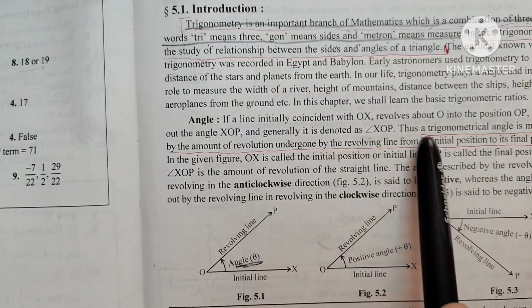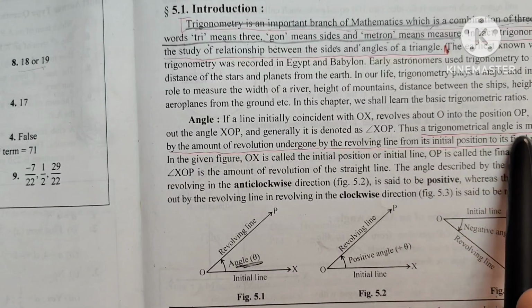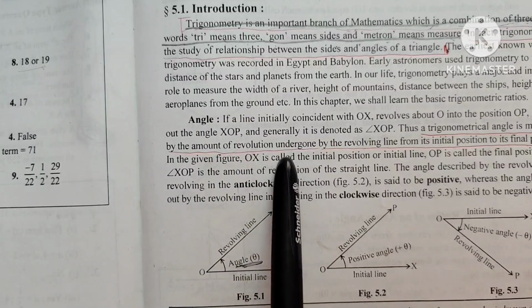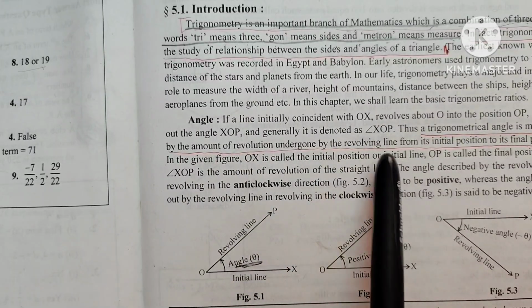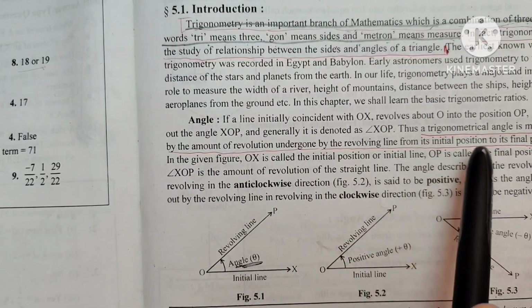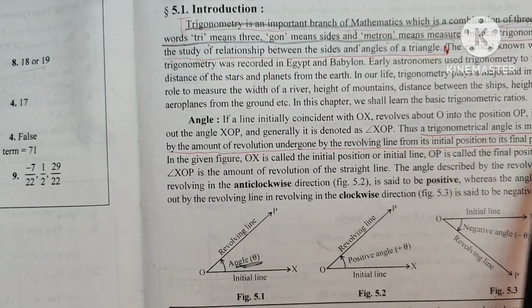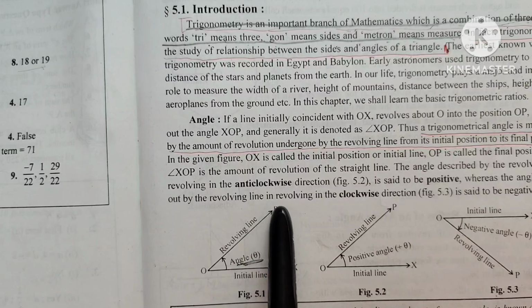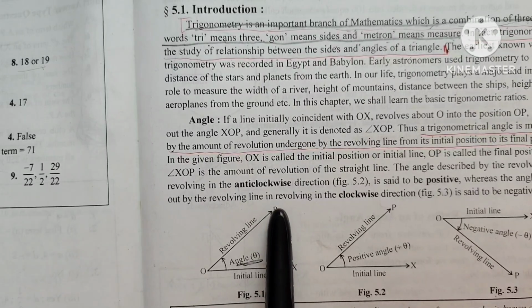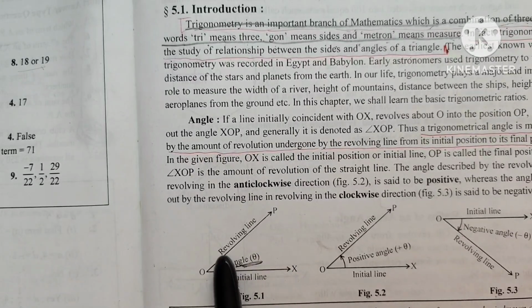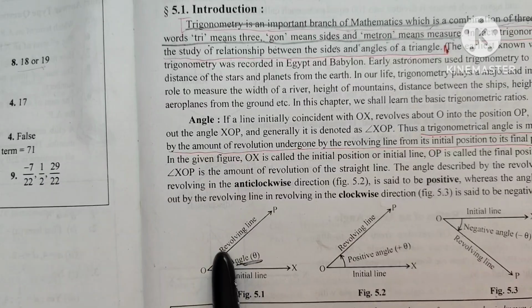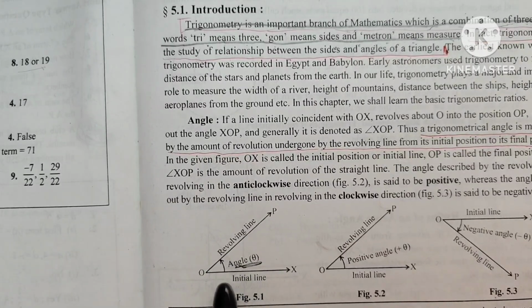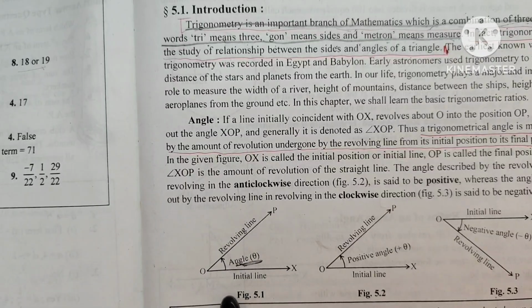Thus a trigonometrical angle is measured by the amount of revolution undergone by the revolving line from the initial position to its final position. So this is the initial line and this one is the final position of the line, and the gap, the amount of revolution, that means this is the angle. Now the nature of the angle depends upon the revolution.